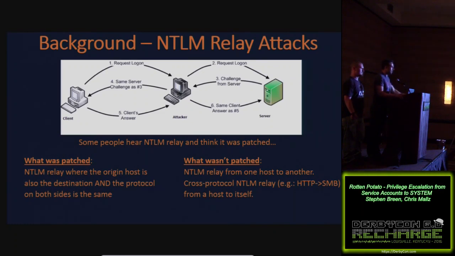This can happen by sending them a malicious link, getting them to view a web page that you control, or doing some sort of network man-in-the-middle attack. There are hundreds of ways for this to happen, and they're not very far-fetched. Pen testers do it all the time. So you get someone to request a logon to your malicious server, and then you forward that logon request off to another server somewhere in the company or internet-facing, whatever.